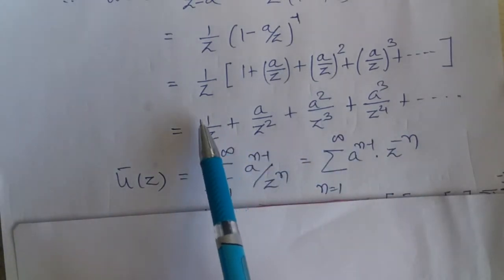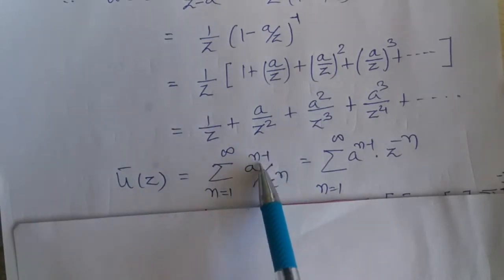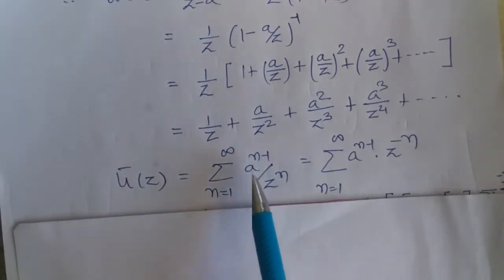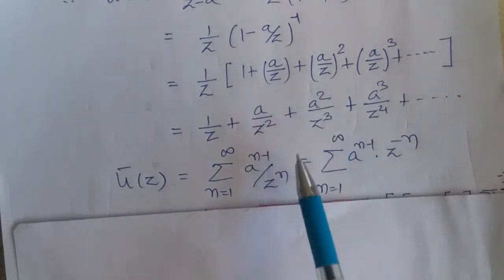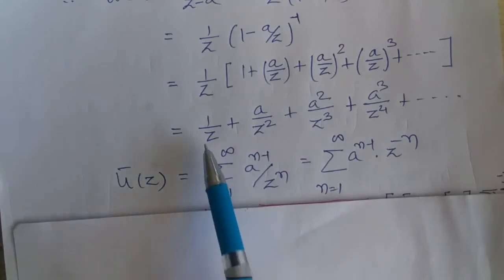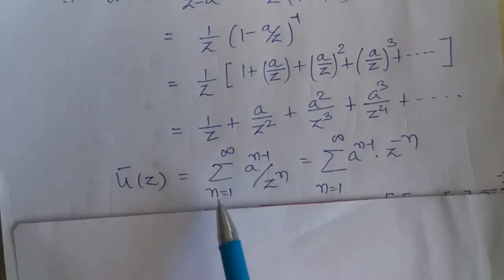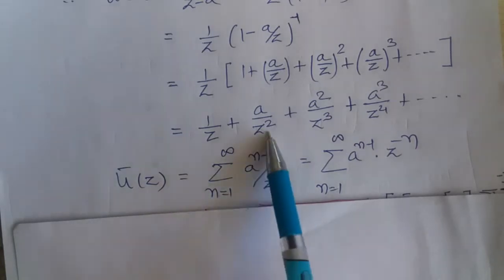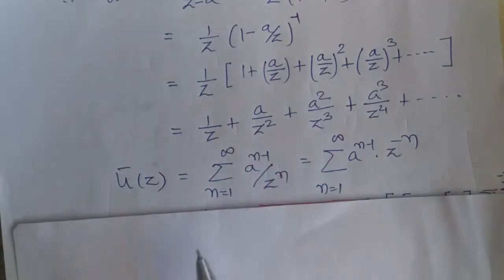And here the numerator we can express as A power n minus 1. For n equal to 1 we get A power 0. For n equal to 2 we get A power 1. For n equal to 3 we get A square and so on. And in the denominator for n equal to 1 we get Z, for n equal to 2 we get Z square, for n equal to 3 we get Z cube and so on.